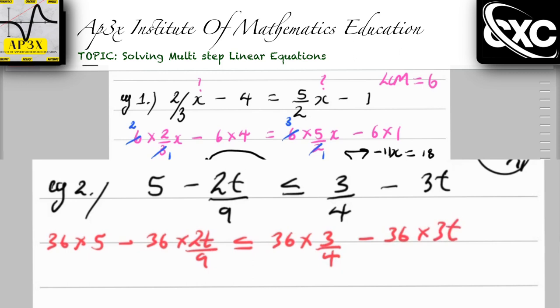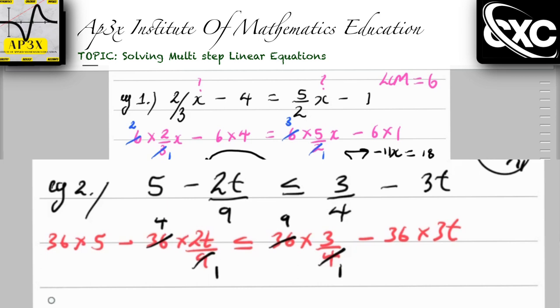All right, so now if we have this equation, now we can go ahead and cancel what can be cancelled. So we're looking at cancelling 9 into itself one time and 9 into 36 4, and 4 into itself one time and 4 into 36 9. So we end up with 36 times 5.